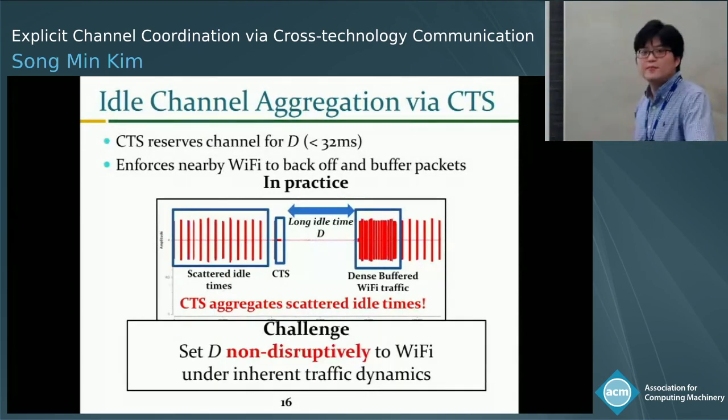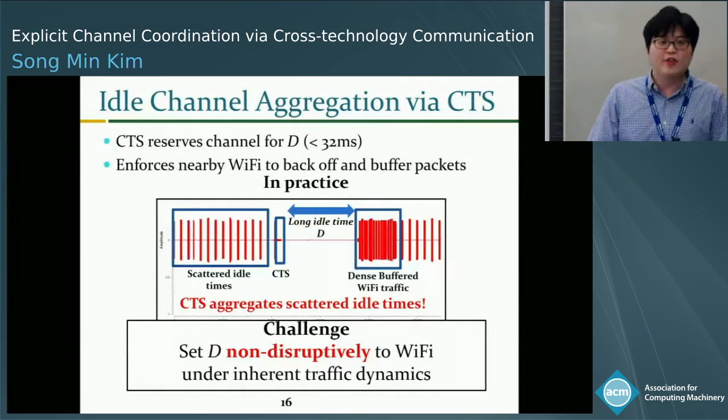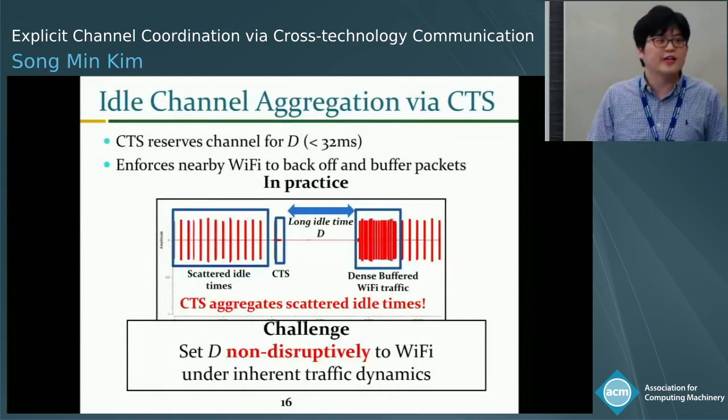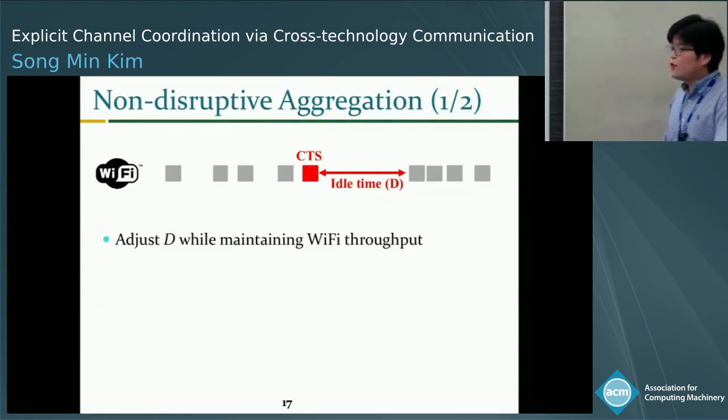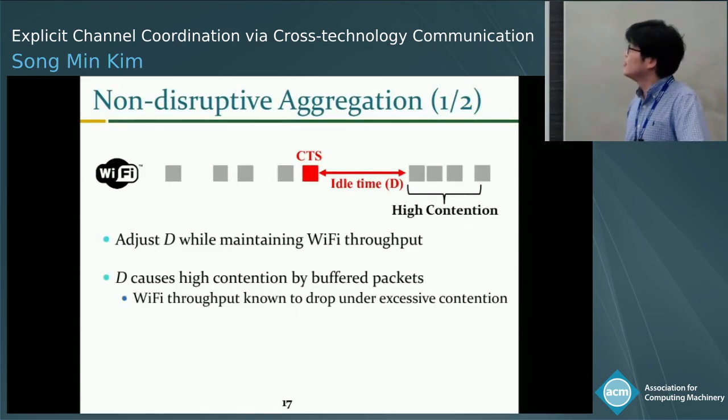So the challenge here becomes, how do we set D, which is the duration of the idle time, to be non-disruptive to Wi-Fi under inherent dynamic Wi-Fi traffic? In other words, how do we adjust D while maintaining Wi-Fi throughput?